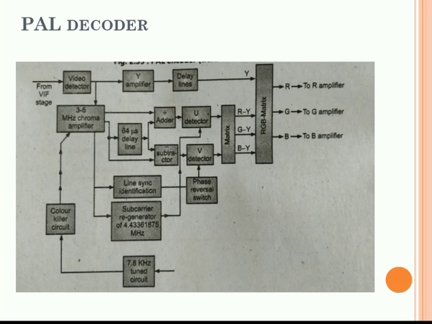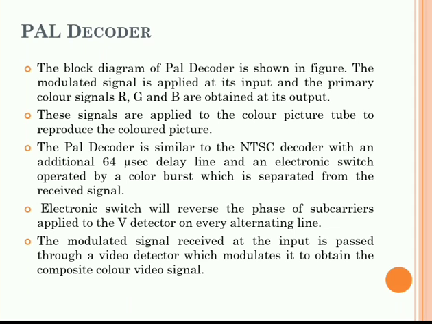As you can see in the first block, the video detector. After the video detector we have two signals. One is the Y signal that is passed through the Y amplifier, then the delay line, and then it is given to the RGB matrix. And the chroma signal, we pass through the 3.5 megahertz chroma amplifier.